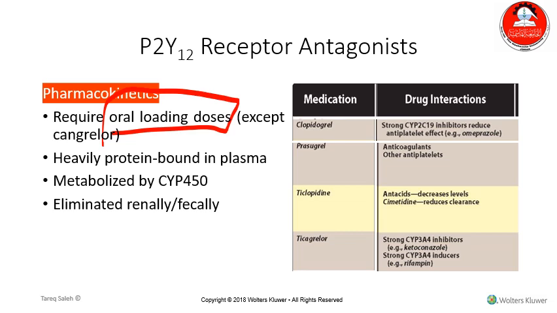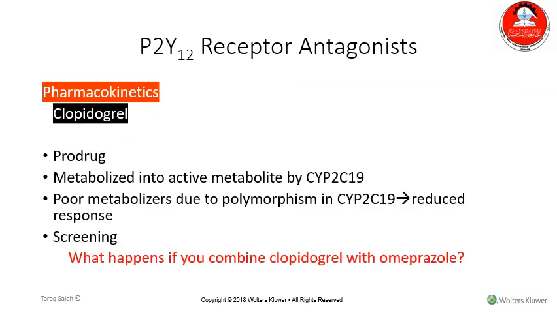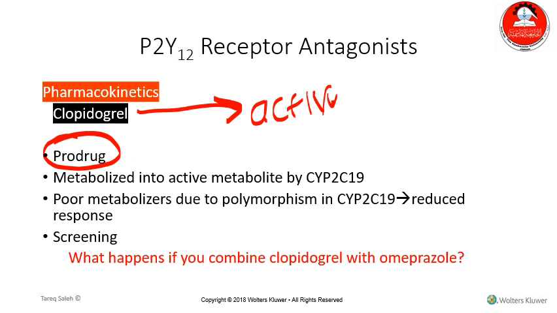Of those drug-drug interactions, the interactions with clopidogrel are very important because clopidogrel is a prodrug. Okay, so it has to undergo metabolic activation in the liver into the active form of the drug to be able to inhibit platelets.